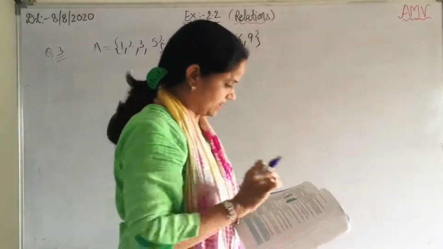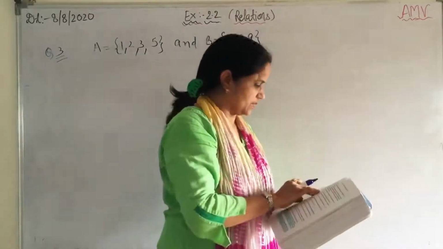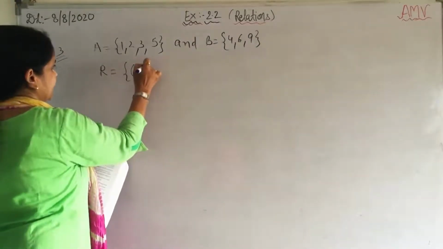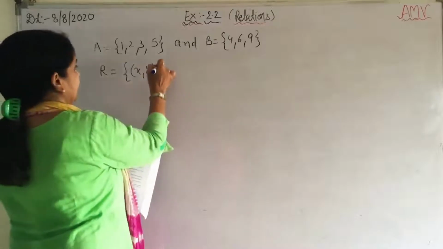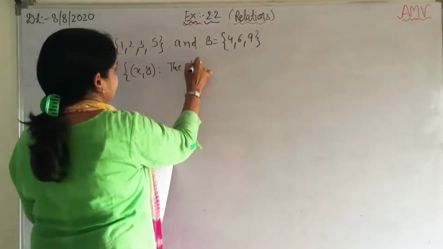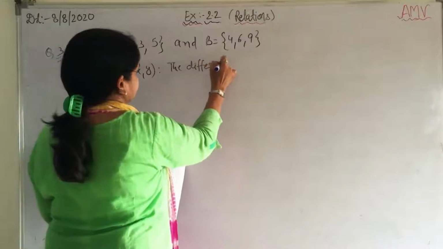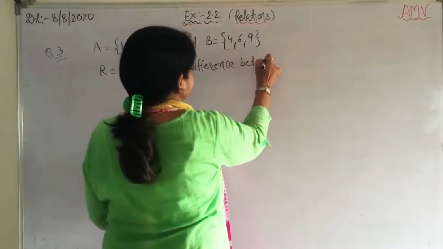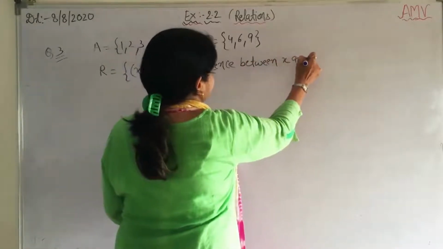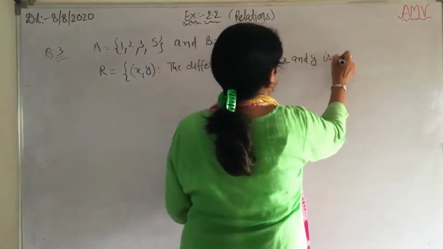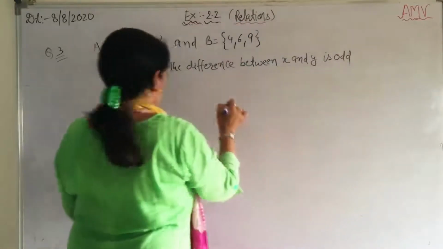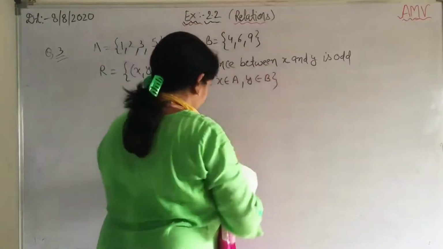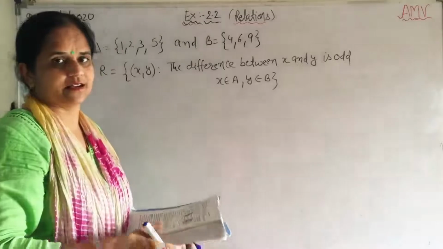Define a relation R from A to B by R is equal to the set of (x, y) such that the difference between x and y is odd, x belongs to A, y belongs to B. Okay. And next write R in roster form.